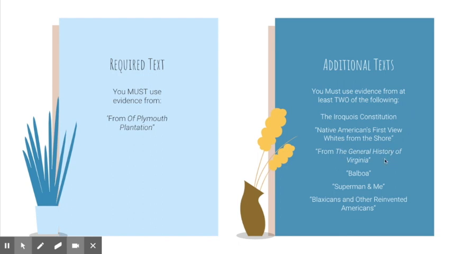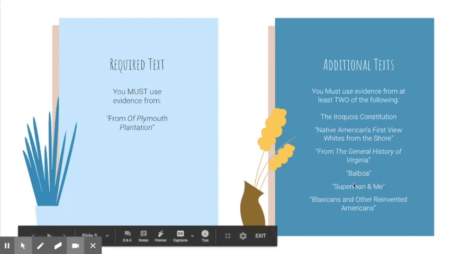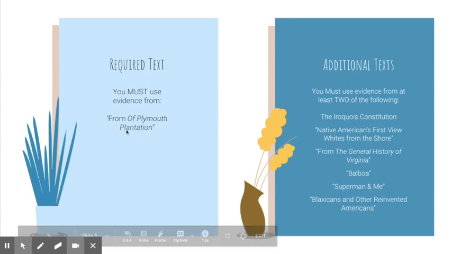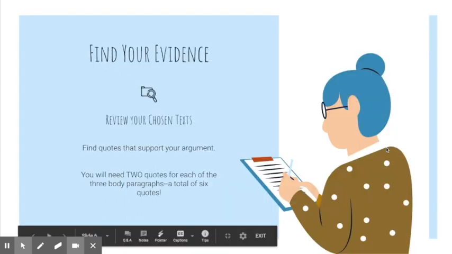We have from the General History of Virginia, that was in your close reader. We have Balboa. We have Superman and Me, which tells us a bit about Native Americans long after colonization. What's the impact there? And then Blaxicans and Other Reinvented Americans. Okay, so pick 2 of those. Must use this one, Of Plymouth Plantation. Must use 2 of these.